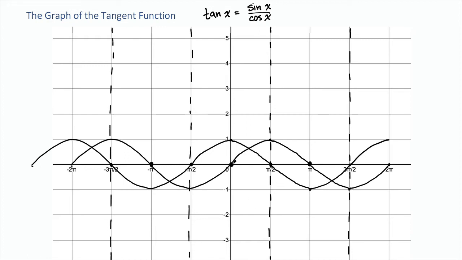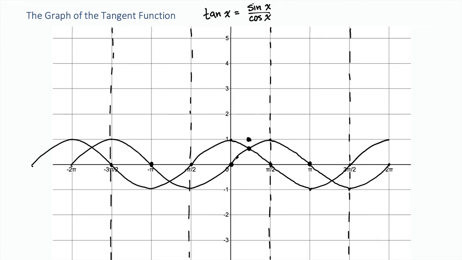You can then see if we start to take these sine values and divide by these cosine values, it starts out small and then starts to grow. Right here is when they're equal, so when you divide them, you get 1. So we're going to have a 1, that point right there.